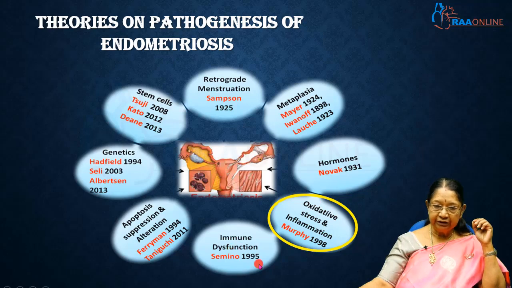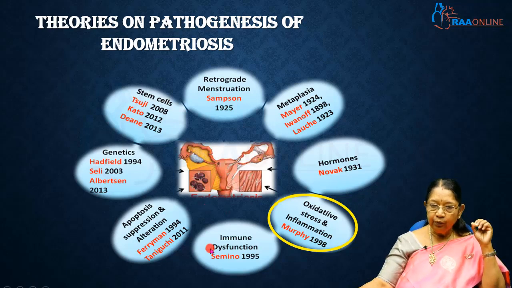Then immune dysfunction. This is one of the important theories behind the development of endometriosis, because not every woman who is menstruating will have retrograde menstruation, and not everybody with it is developing endometriosis, because of the phagocytosis by the macrophages in the peritoneal cavity that helps to imbibe all the endometriotic tissue that has been spilled into the peritoneal cavity.